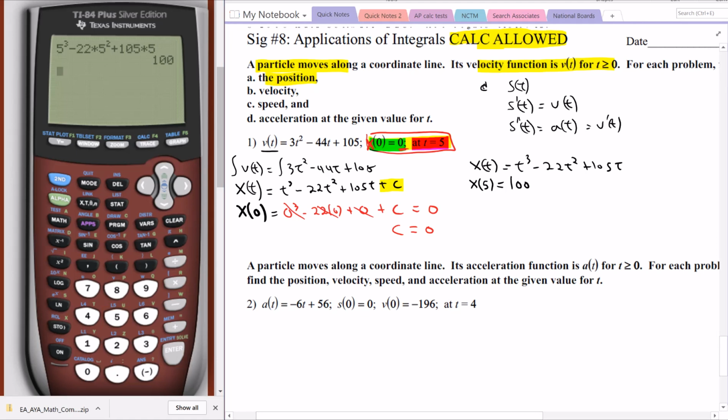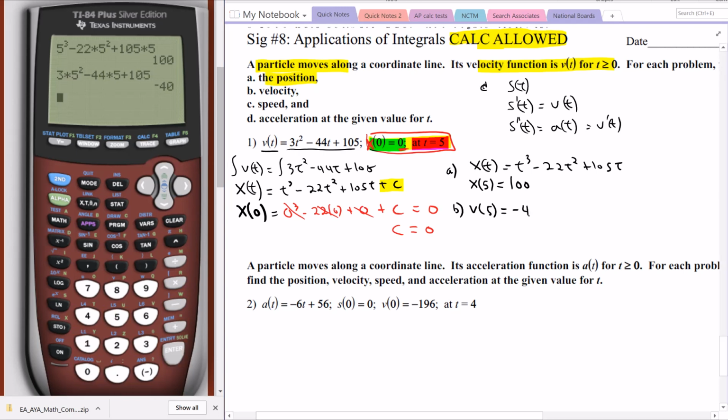So this is part A. It also wants me to find the velocity at time equals 5. Well, that's just v of 5, which is plugging 5 into the velocity function. So 3 times 5 squared minus 44 times 5 plus 105 is negative 40.